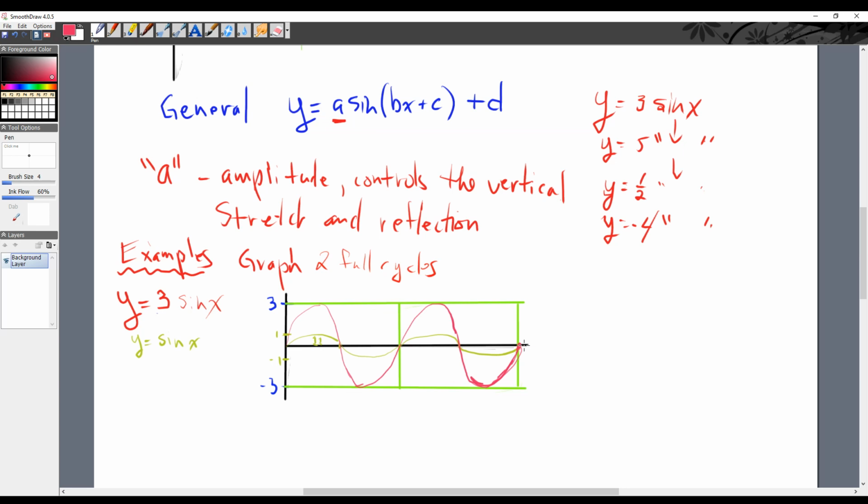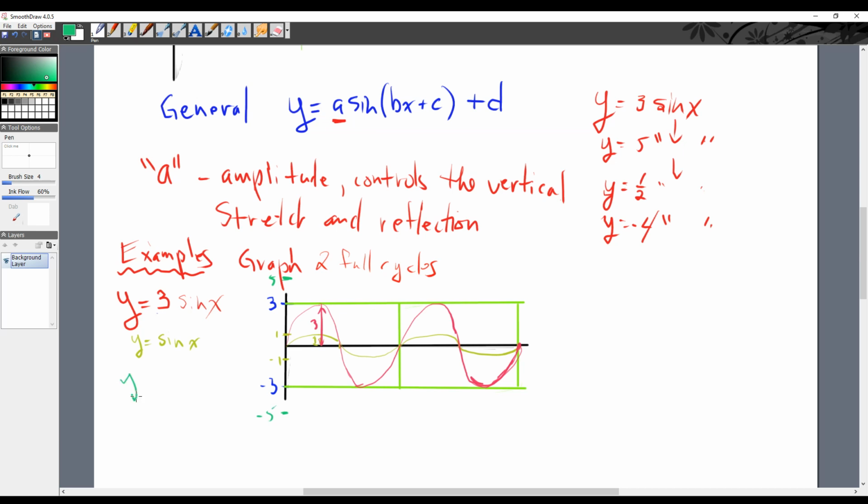So the only thing that changed about this function was the amplitude. It has an amplitude of 3 instead of the amplitude of 1 of the original function. And you can imagine that if we did it for 5, it would be the exact same thing. Maybe 5 is up here, and then -5 is down here.